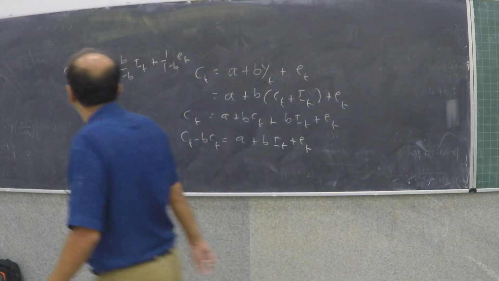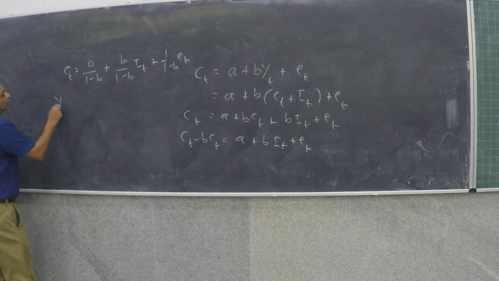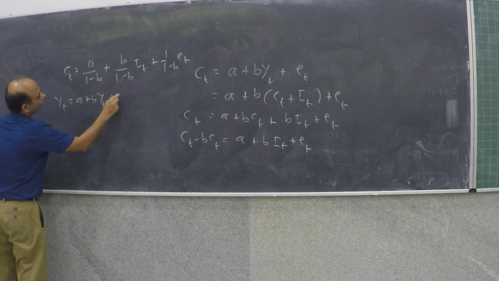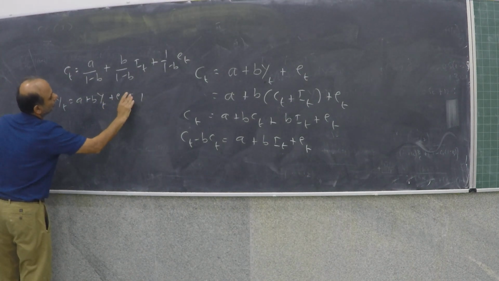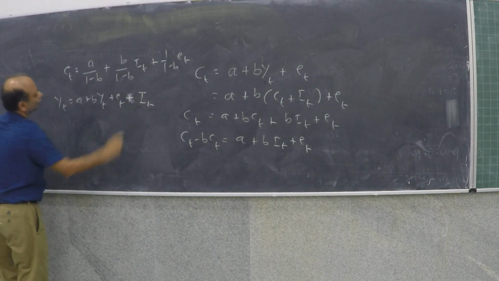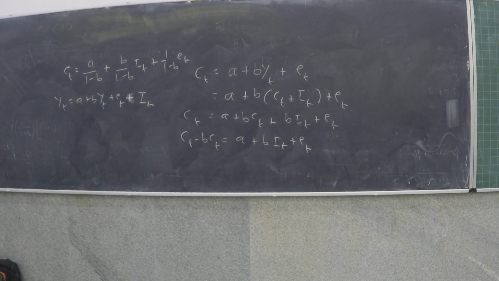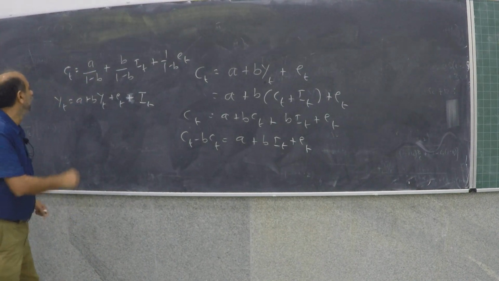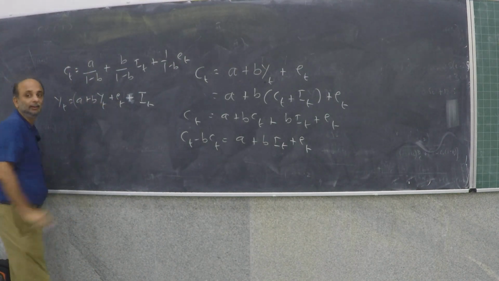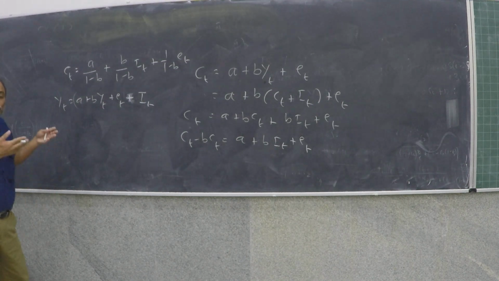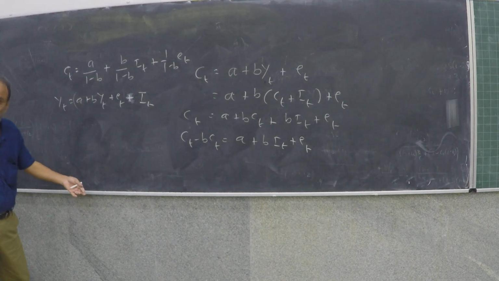Similarly, if I have to derive the reduced form for Y_t, I know Y_t is equal to a plus b Y_t plus e_t plus I_t, because the consumption part is nothing but C_t, and income is consumption plus investment.